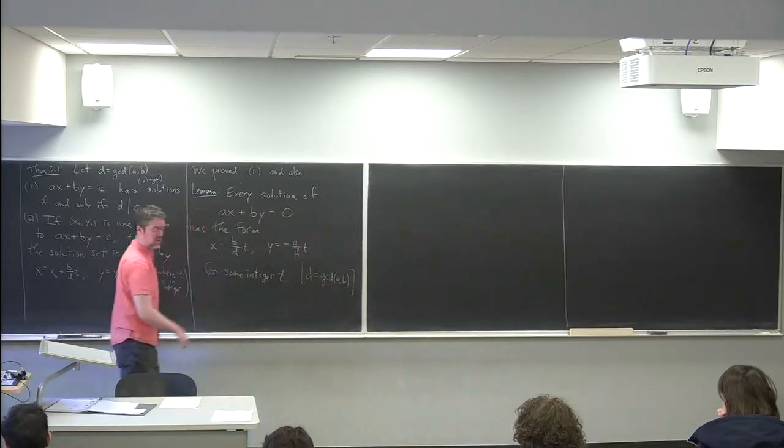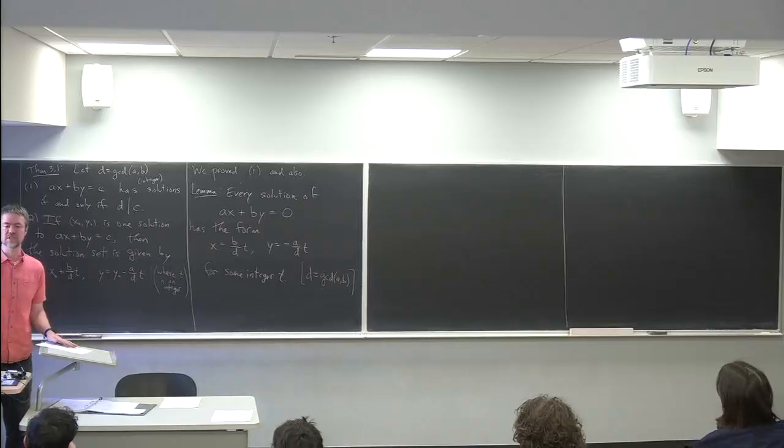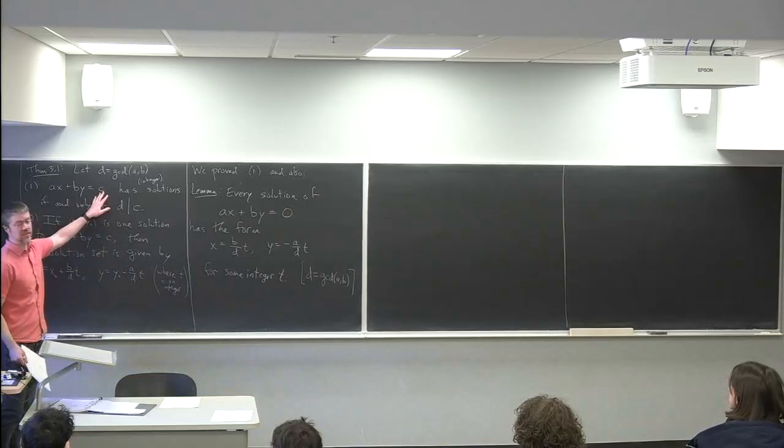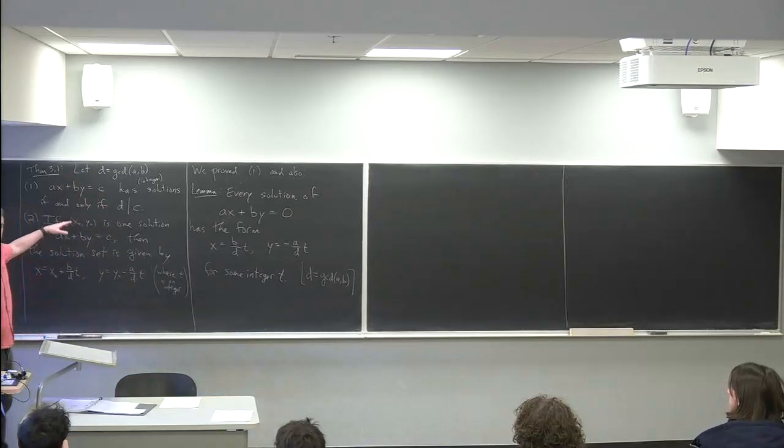This is what you would call a homogeneous Diophantine equation. It has a right-hand side of 0. And in general, when there's not a 0, it might be called non-homogeneous or inhomogeneous.